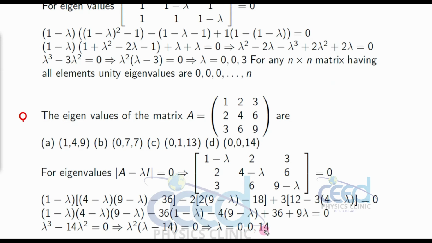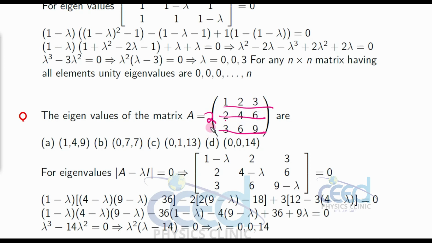See, if you have 3 rows, and out of these 3 rows, 2 rows are constant multiples of any row. Here, suppose you multiply the second row with 2: 1 into 2 is 2, 2 into 2 is 4, 2 into 3 is 6.